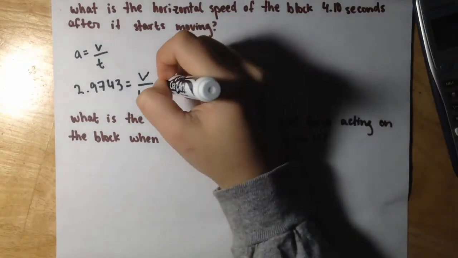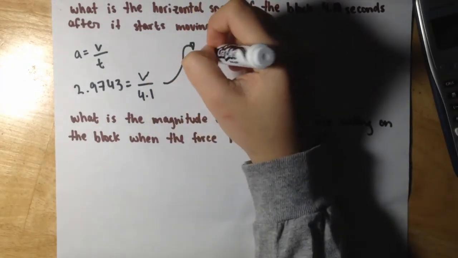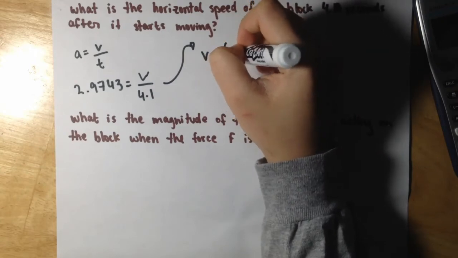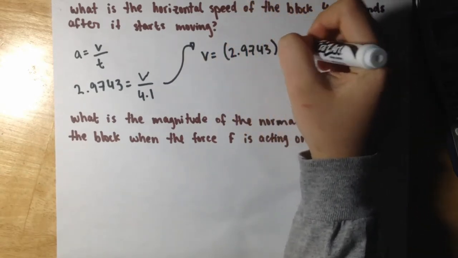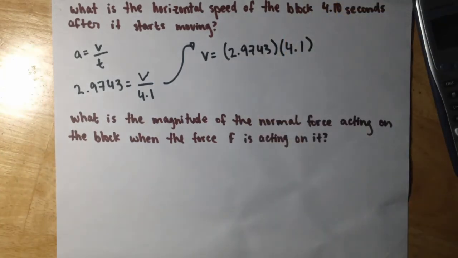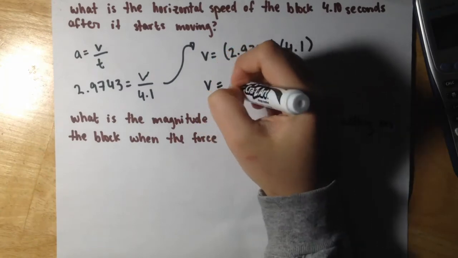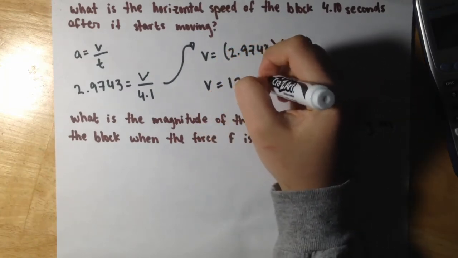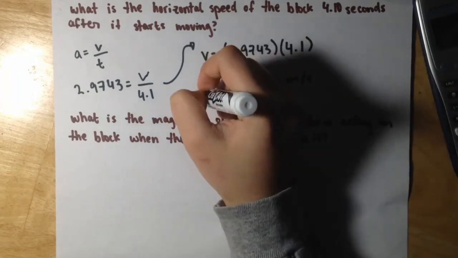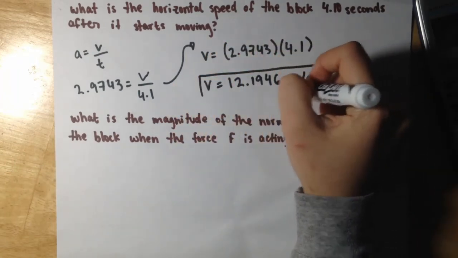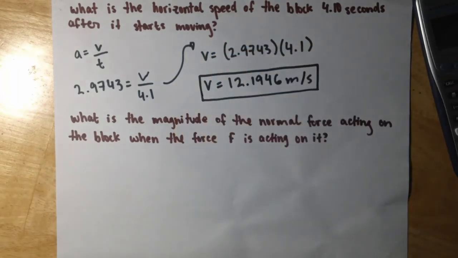So velocity will be equal to 2.9743 times 4.1, and we can put that into the calculator to get the velocity to equal 12.1946 meters per second, 4.1 seconds after the block starts moving.